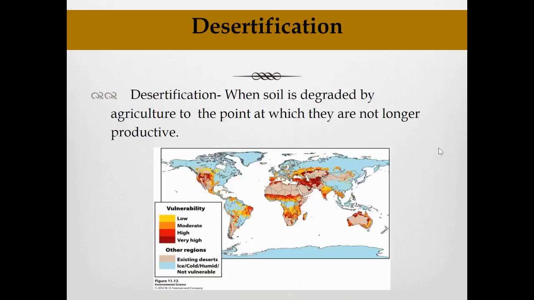We can also see what's called desertification. That's where we find soils are going to be degraded over time due to agriculture, to a point where they're not going to be productive anymore. You can kind of see here in the map that we have the vulnerability. Looks like right out west in the US is quite vulnerable in terms of desertification.